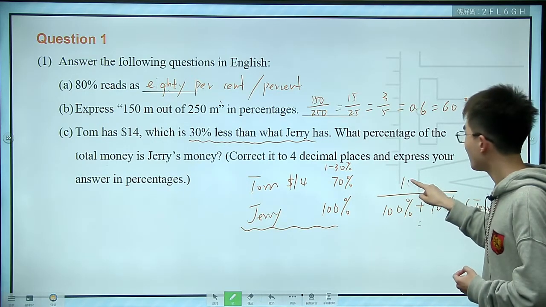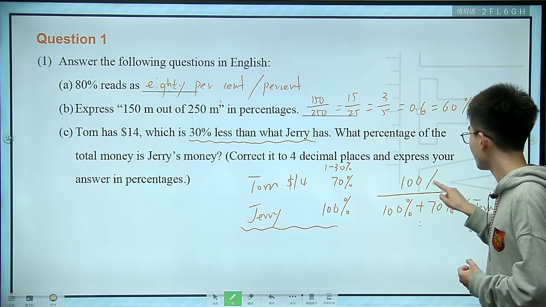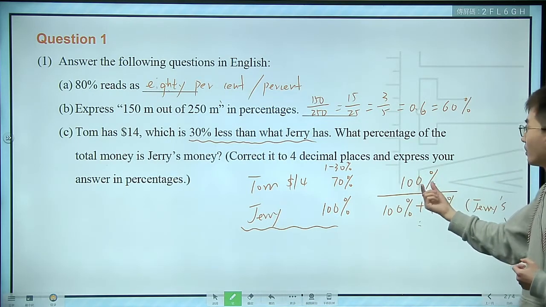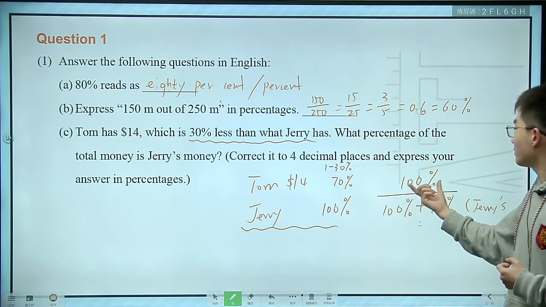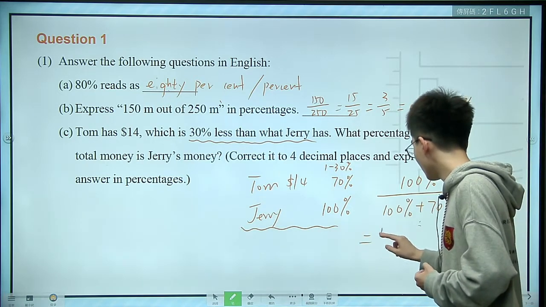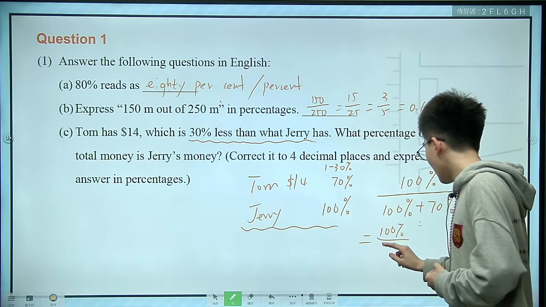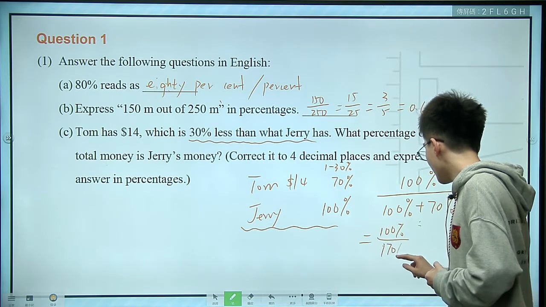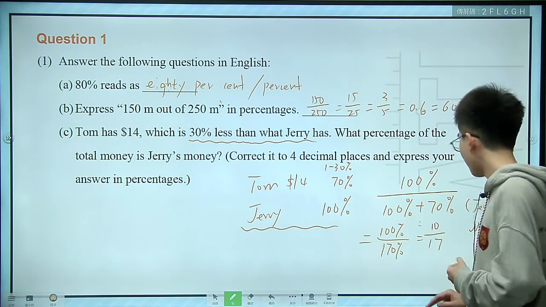And how much is Jerry's money? It will be 100%. So it will be 100% over 100% plus 70%, which equals 100% over 170%, which equals 10 over 17.